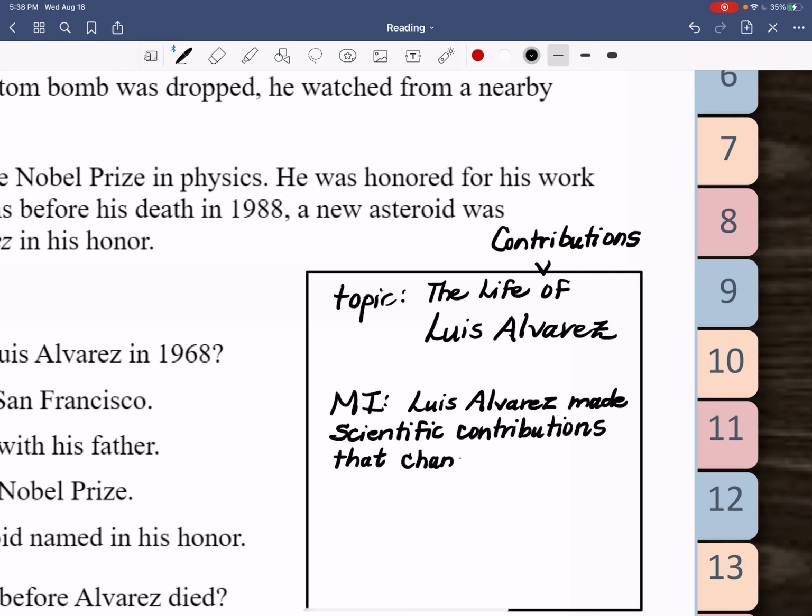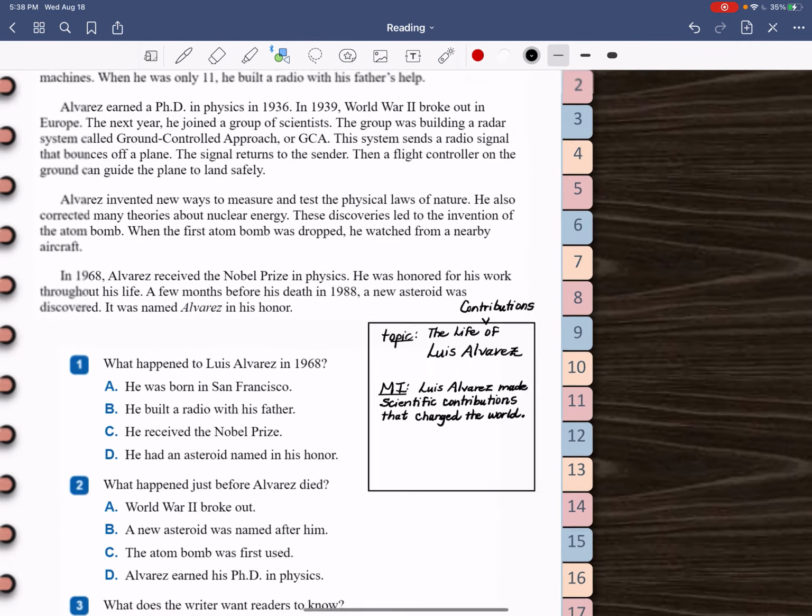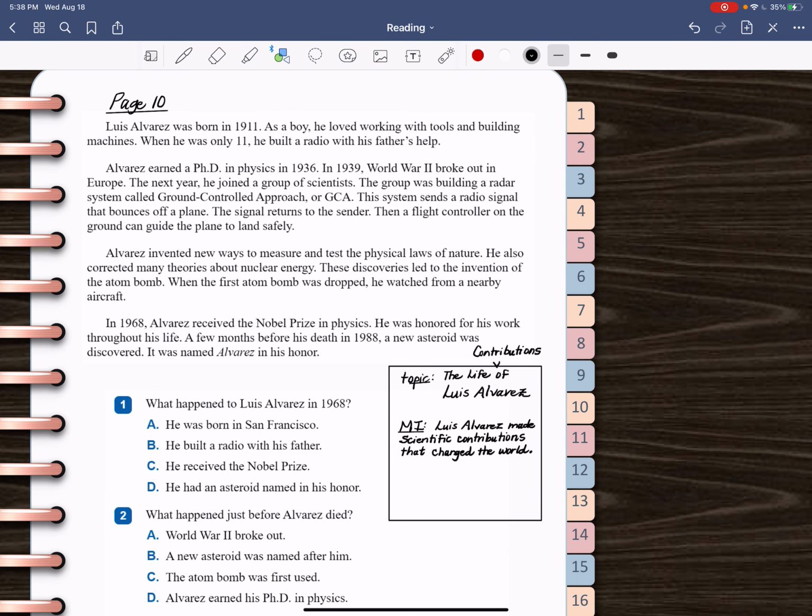The atomic bomb changed the world. It destroyed 2 cities completely. So definitely, Luis Alvarez's contributions changed the world. I think that's a safe assumption there.